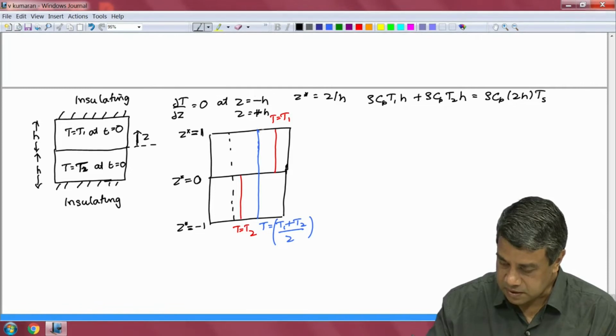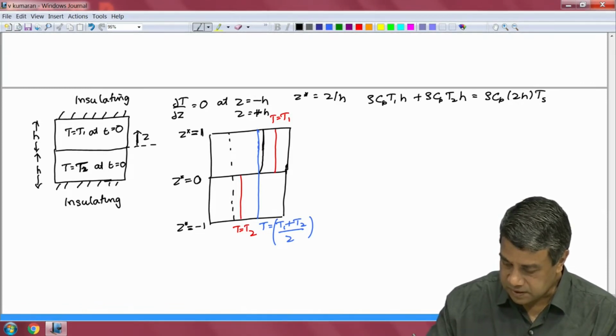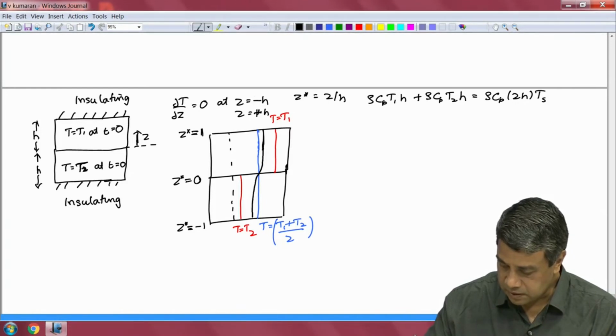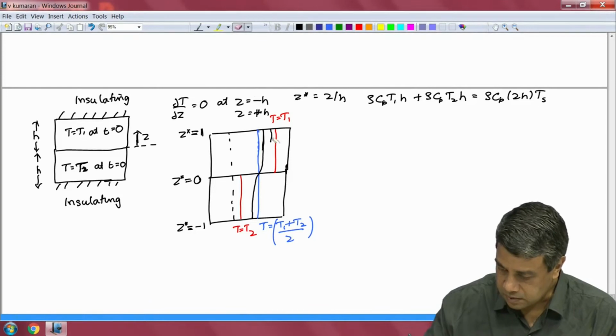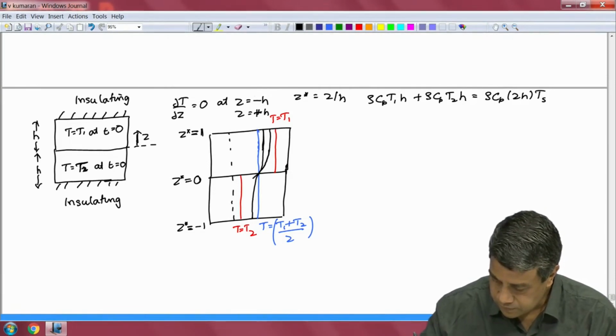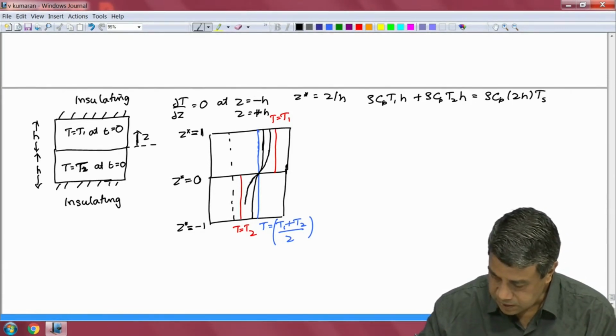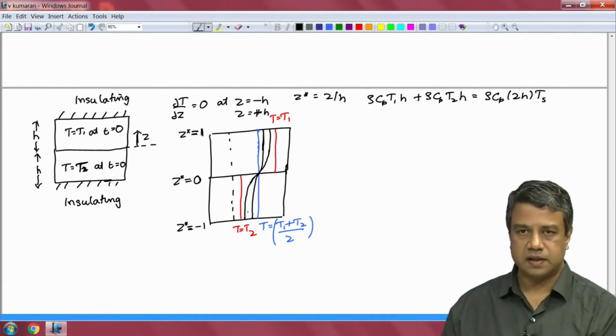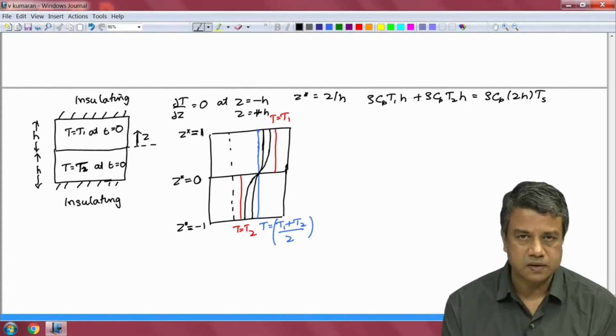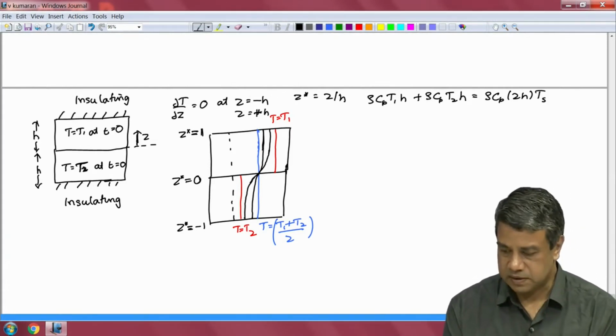The slope has to be 0. So, this will evolve symmetrically in such a way that the slope is equal to 0 at the top and bottom surfaces. Okay. So, that is the physical picture here.